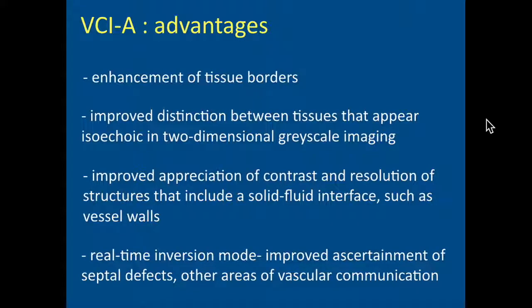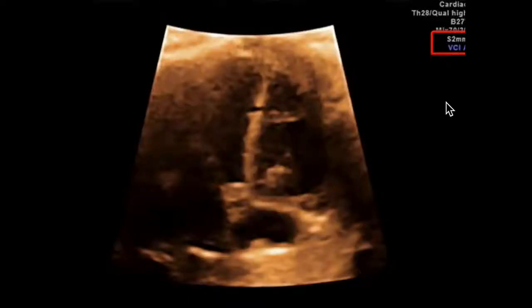The advantages, especially for cardiology, are enhancement of tissue borders, improved distinction between tissues that appear isoechoic in 2D imaging, and improved contrast and resolution of structures that include a solid-fluid interface, so vessel walls, ventricular septums, et cetera. And if you use the electronic matrix technology, real-time inversion mode, which again is helpful for things like vascular communications or VSDs. This also is an old picture, but this was my aha moment with VCI-A.